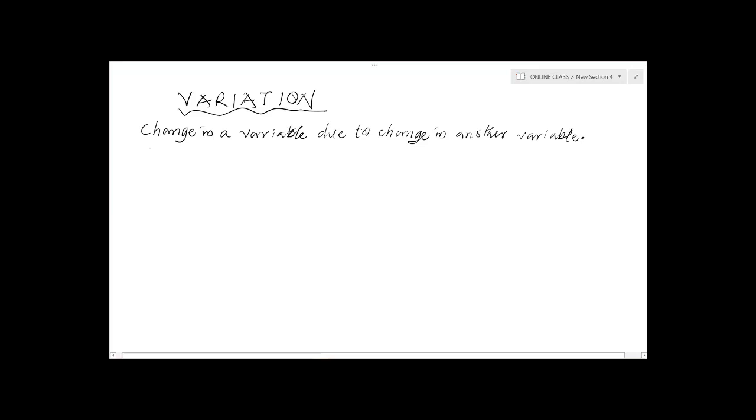It might be more than one variable to a variable, like 3 variables to another variable. But in this case, something is changing and changing another one. So that is what we call variation. And that will lead us to types of variation.